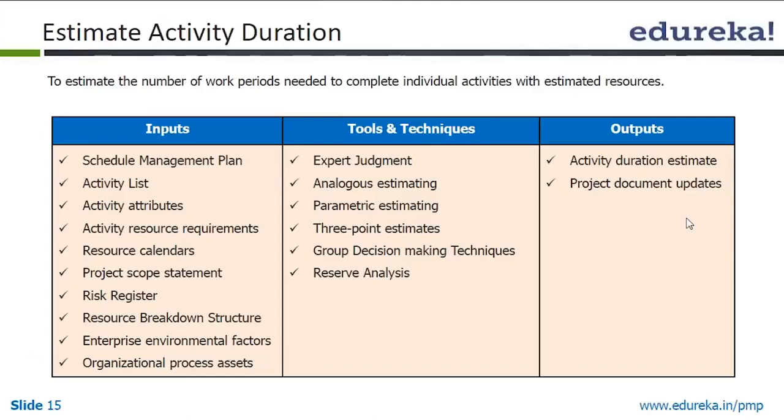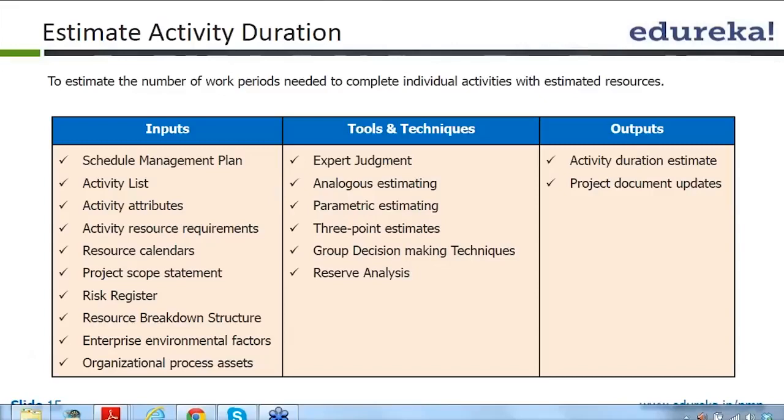Expert judgment, analogous estimation, parametric estimation, 3-point estimation, group decision making techniques and reserve analysis are the tools and techniques. Activity duration estimate and project document updates are the outputs.